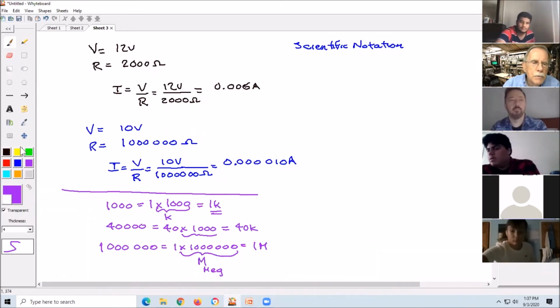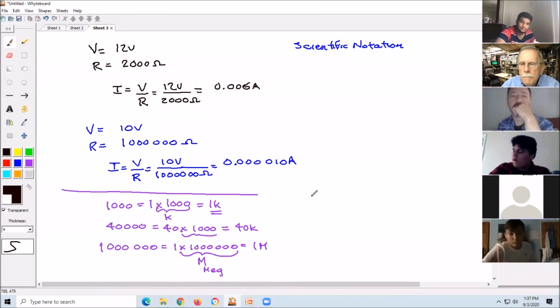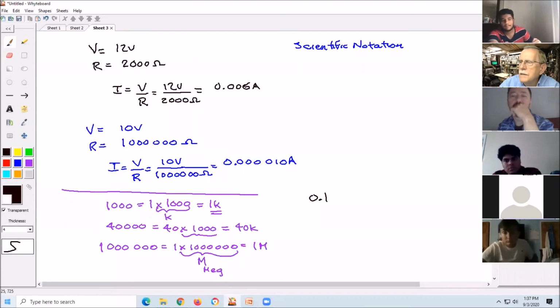That's the big side. What about if we have the small side? What if I had this? What is that? 0.1. Yeah, 0.1, but what is it if we don't talk about it as point something? 1/10, right? 1 divided by 10. Okay. What about if I had this?